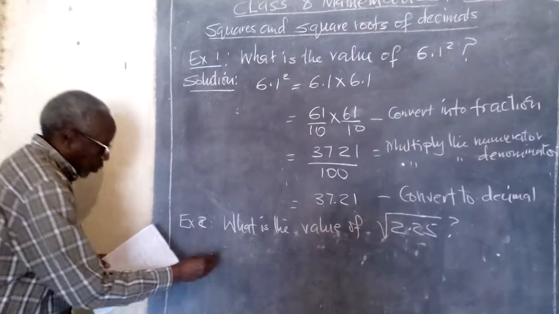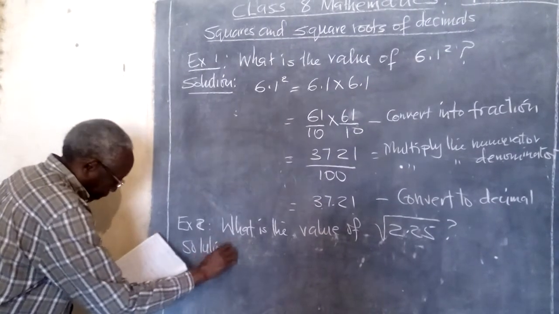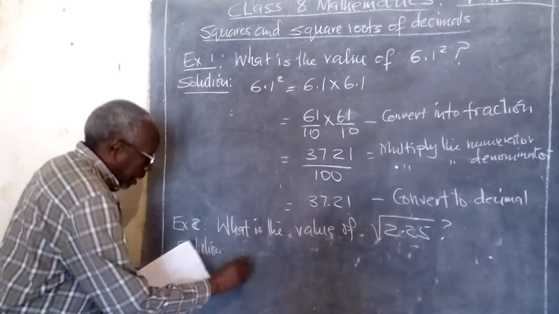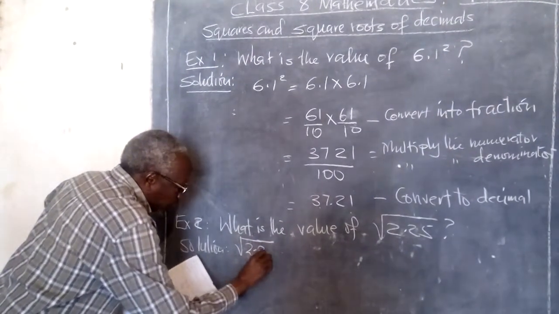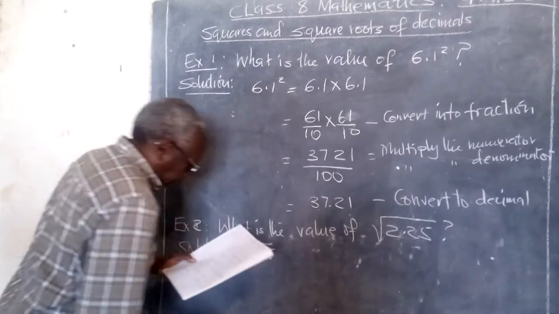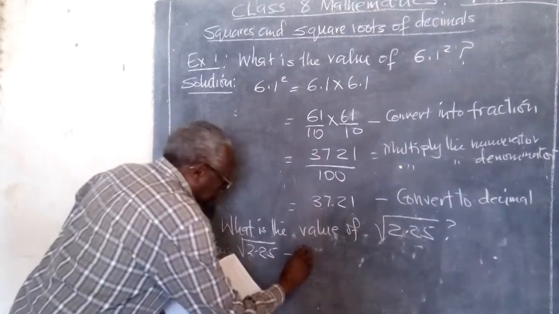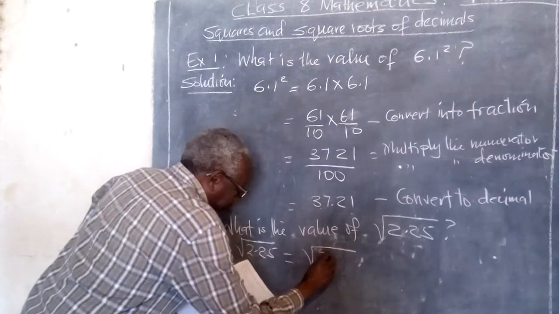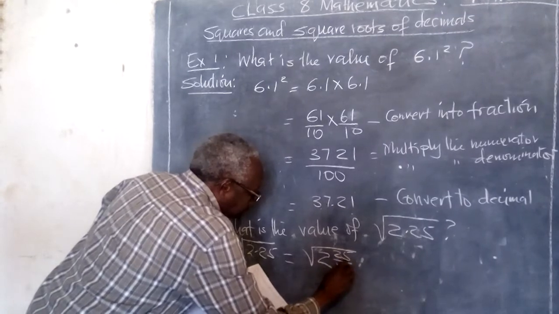And our solution comes here, and we say the square root of 2.25 is equal, we change this into a mixed number so that we have 2 and 25 over 100.